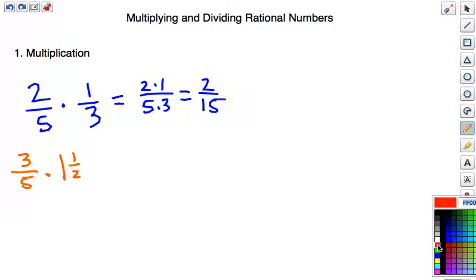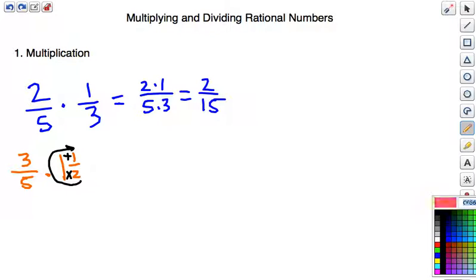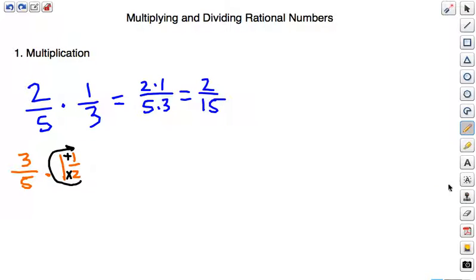To do that, we multiply the denominator by the whole number and then add the numerator. That's how we change a mixed number to an improper fraction.